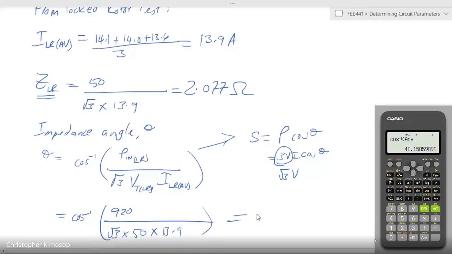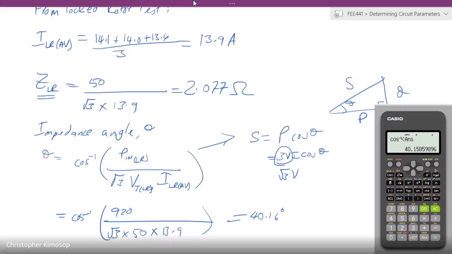So this is 40.16 degrees. So this is the angle, just to remind ourselves, between, if that is your S, you have P and Q. So that's the angle between the two, okay? Where P is real and Q is imaginary, right?